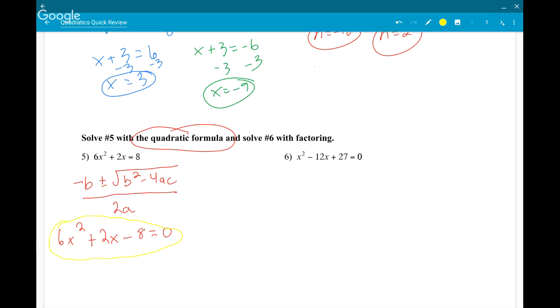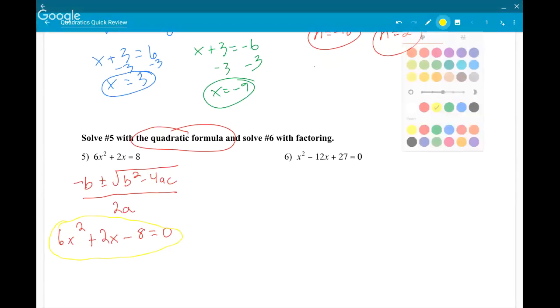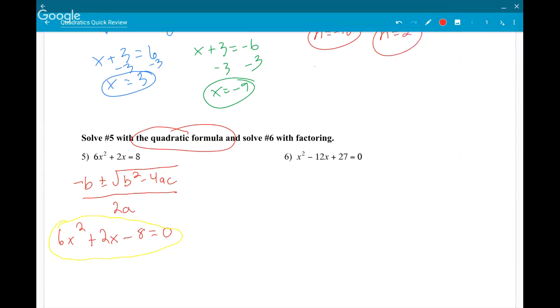That is exactly what an equation should look like in order to use the quadratic formula. If it doesn't look like that, where it goes x squared, x, then the number equals 0, it's got to equal 0. Otherwise, you can't use quadratic formula. What you do then is you label your a, your b, and your c. Those are just the coefficients. So in this case, 6 and 2 and negative 8.